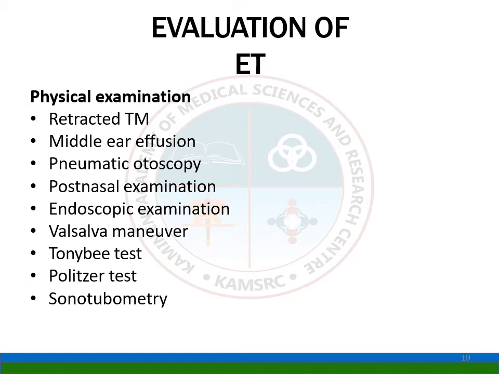The evaluation of the eustachian tube is very important for marks questions. It is evaluated by retracted tympanic membrane, middle ear effusion, pneumatic otoscopy, post-nasal examination meaning nasopharyngeal examination, endoscopic examination of the nasopharynx, Valsalva maneuver, Toynbee test, Politzer test, and sonotubometry.